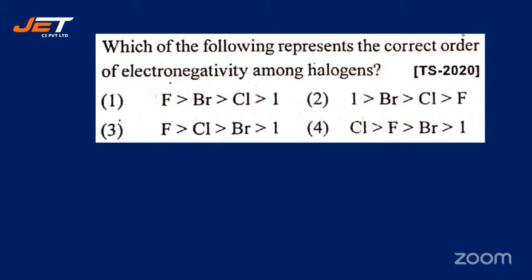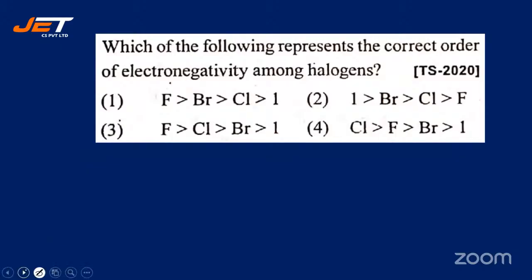Yes, Sahasra, Sanjana, Tejashri, who will answer this question first? Anil has mentioned it as option 3. Any more answers? Navtej has mentioned it as option 2. Afia also has mentioned it as option 3.